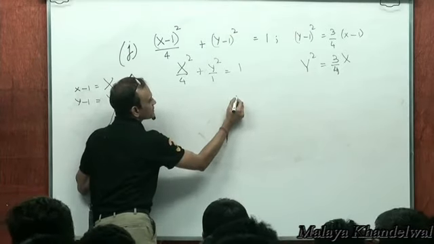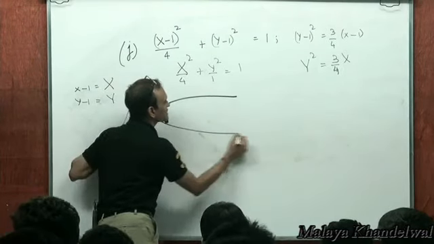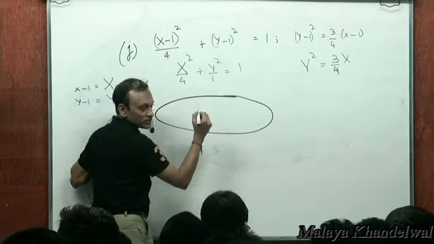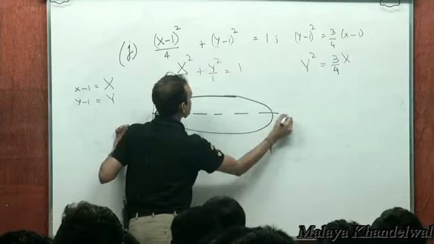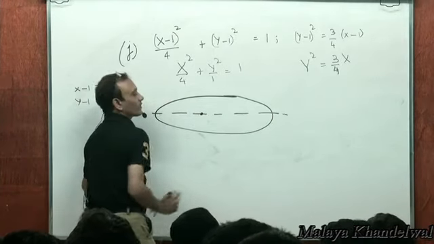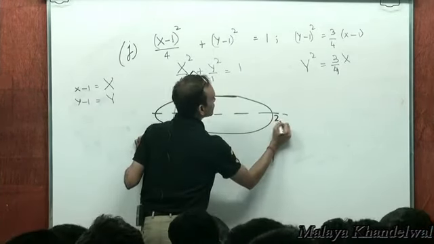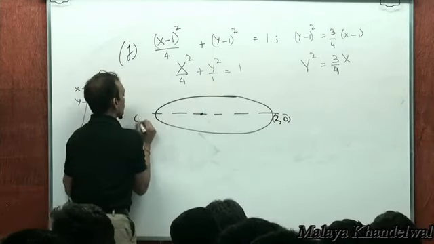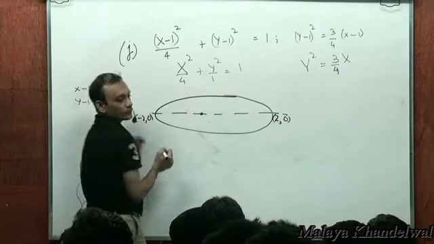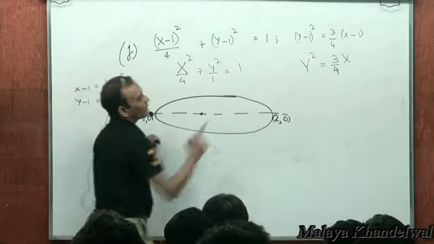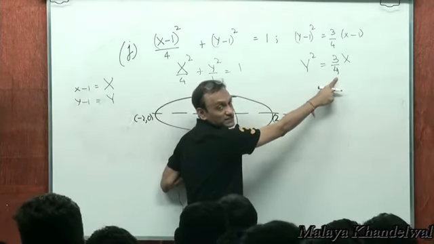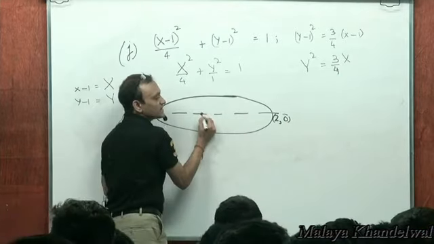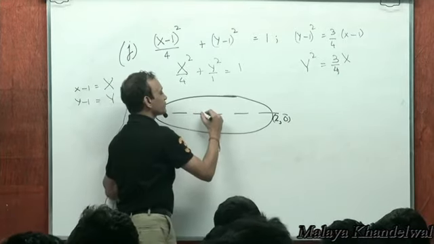This ellipse has center capital X equal to 0, capital Y equal to 0. This is the major axis of the ellipse. This would be capital X equal to 2, 0 and minus 2, 0, right? And the vertex of this parabola is capital X equal to 0 and capital Y equal to 0, same as the center of this ellipse.